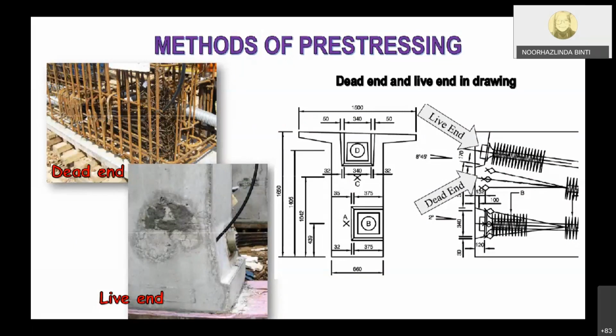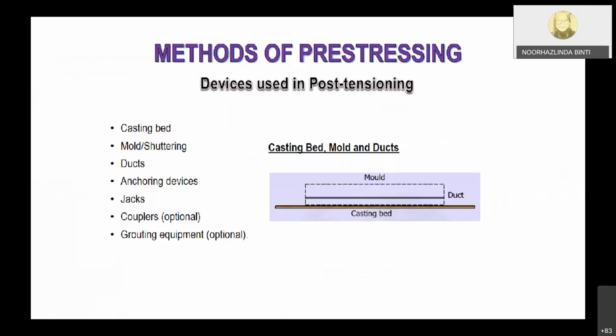If here is the dead end, the other end will be the live end. The live end is where the jack will pull and tension that particular strand. Okay, these are some devices used in post-tensioning. Quite similar to pre-tension, what we need.